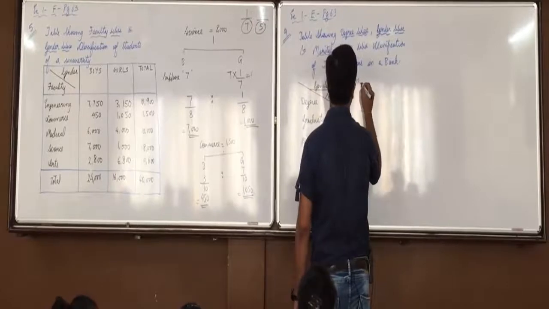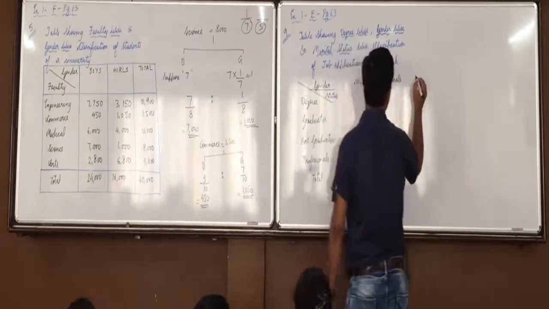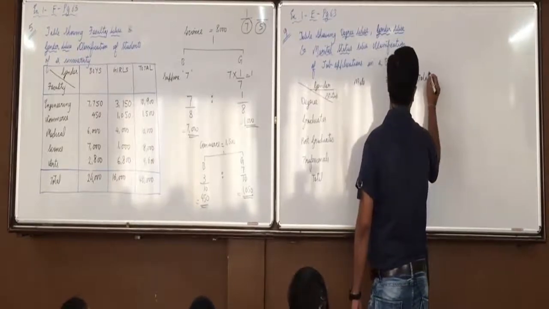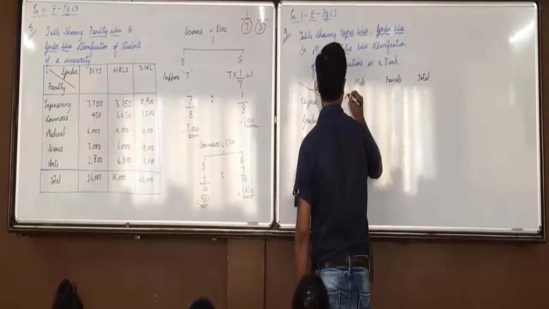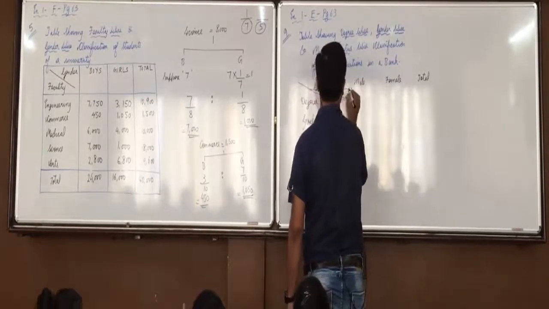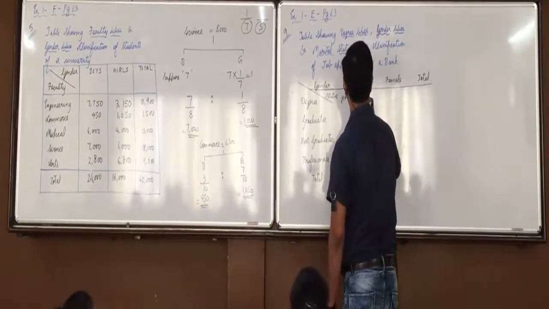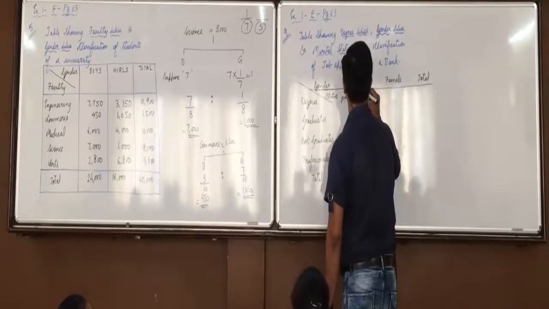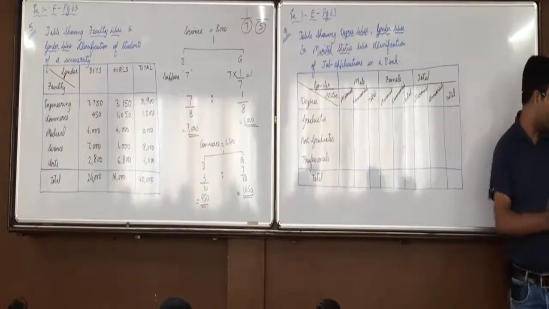Gender: male, female, total. Status: married, unmarried, total. If you use any short forms, you'll write it in the notes.